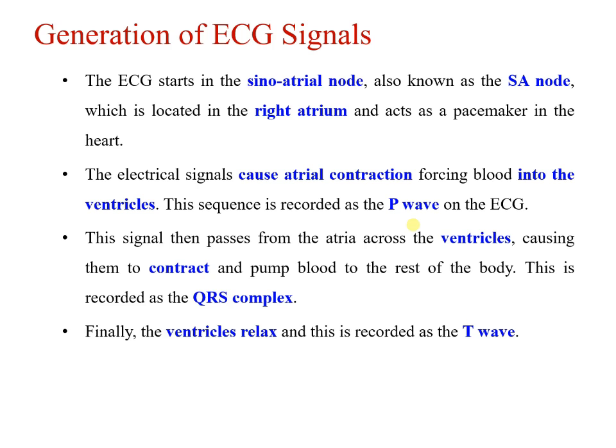The electrical signal that is generated in the SA node causes an atrial contraction that forces blood to flow into the ventricles, and this sequence is recorded as the P wave. Then the signal passes from the atria to the ventricles and causes a contraction of the ventricles that results in the pumping of blood to the rest of the body.